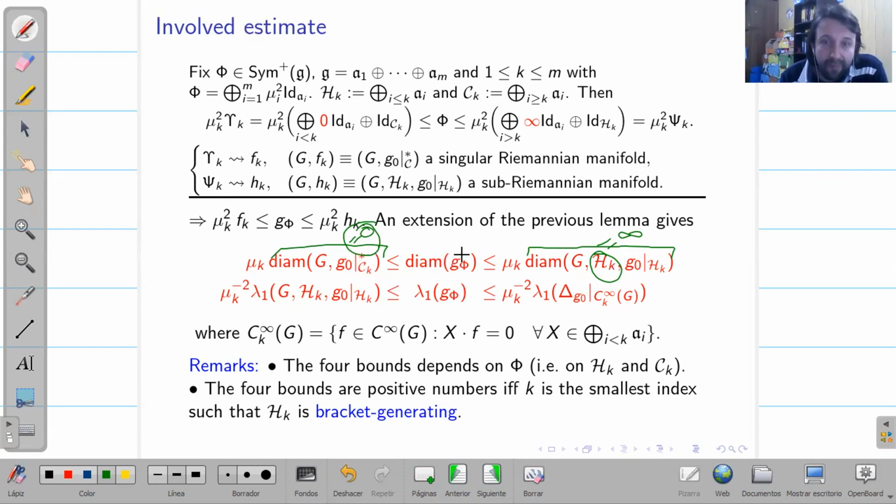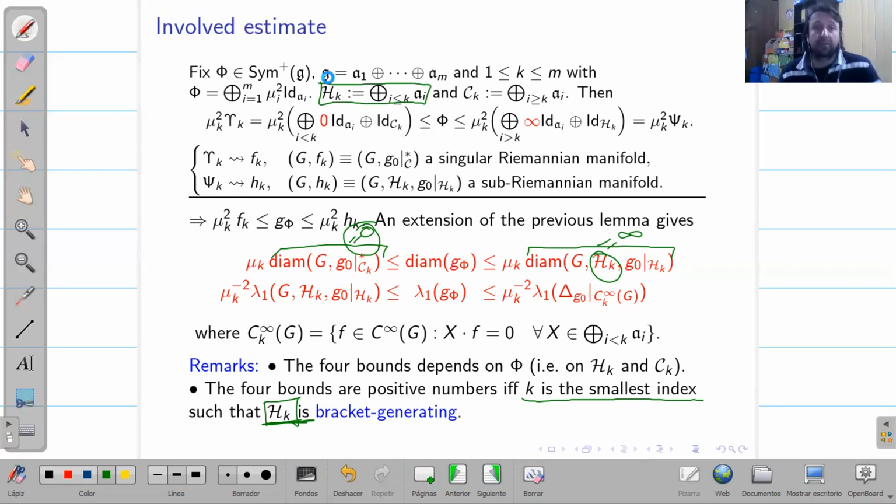And they are simultaneously finite only in this index, when k is the smallest index such that hk is bracket generating. They are simultaneously positive numbers when k satisfies that hk is bracket generating. This subspace is bracket generating.